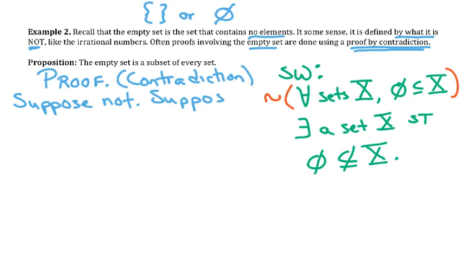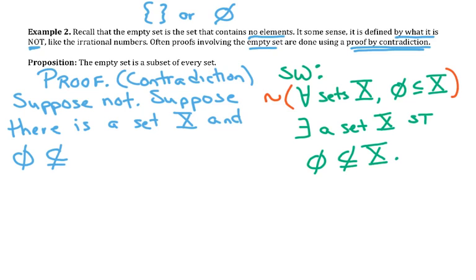Suppose there is a set X and the empty set is not a subset of X. That's how we begin. So now we have to remember, what does it mean if a set is not a subset of another set?